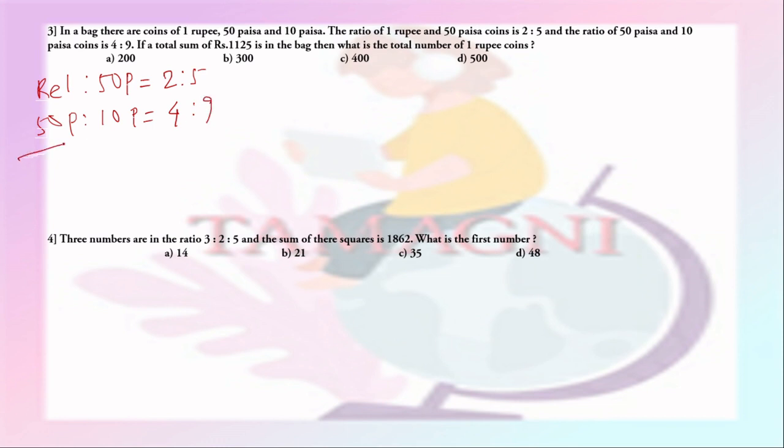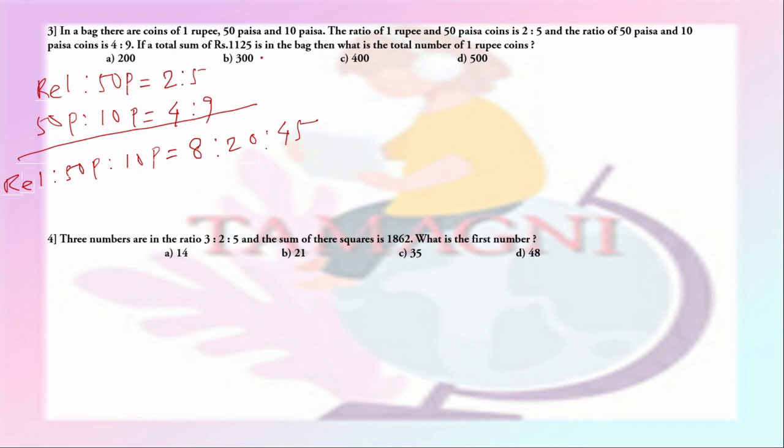From here we get rupee 1 is to 50 paisa is to 10 paisa equal to 2 into 4, that is 8, is to 4 into 5, that is 20, is to 5 into 9, that is 45. So this is the ratio of the numbers of 1 rupee coin, 50 paisa coin and 10 paisa coin.